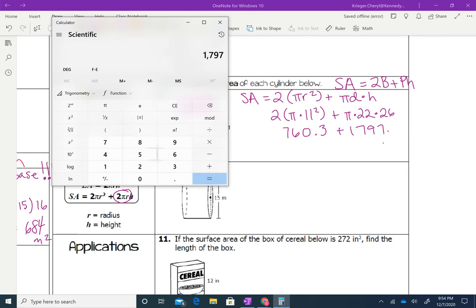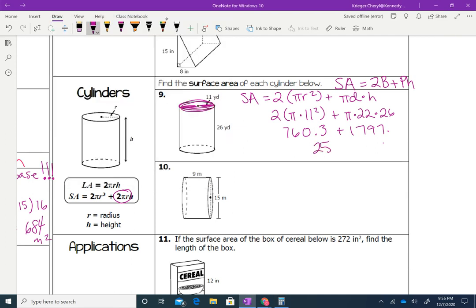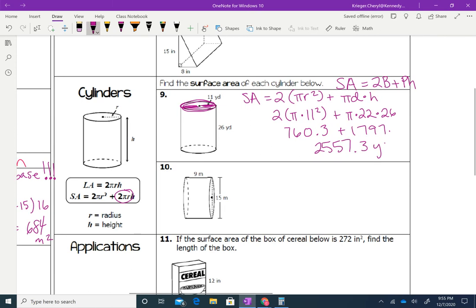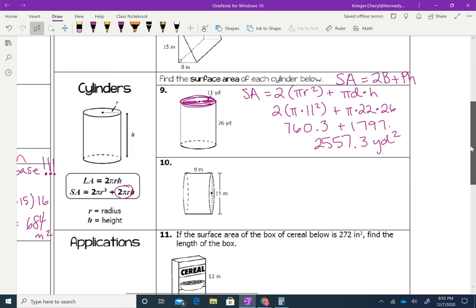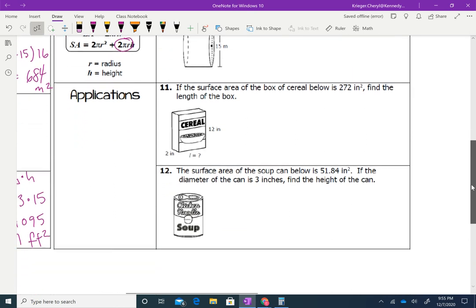So 1,797 plus 760.3 is 2,557.3 yards squared. Okay. And we're going to have an activity on this tomorrow, so you guys can get lots of practice.